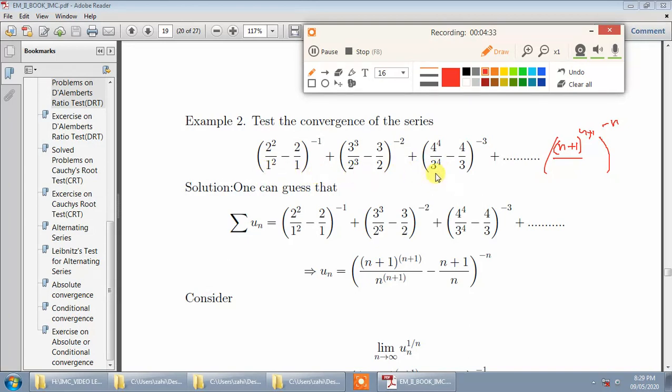So here it will be n. The first term contains power 2, the second term contains power 3, so the nth term contains power n plus 1. So in the denominator you will have n raised to n plus 1, minus, okay, let me erase this part.